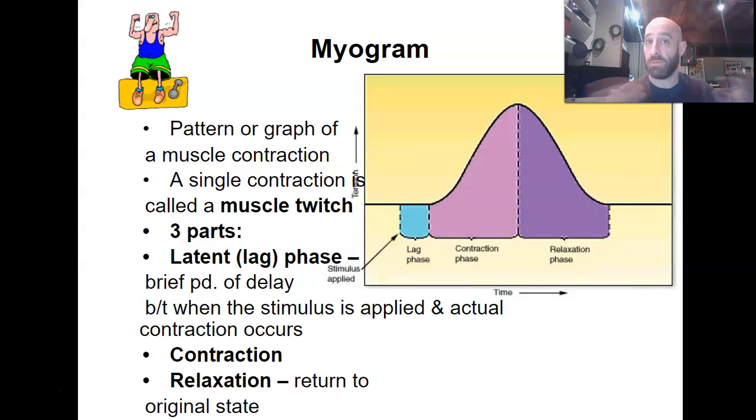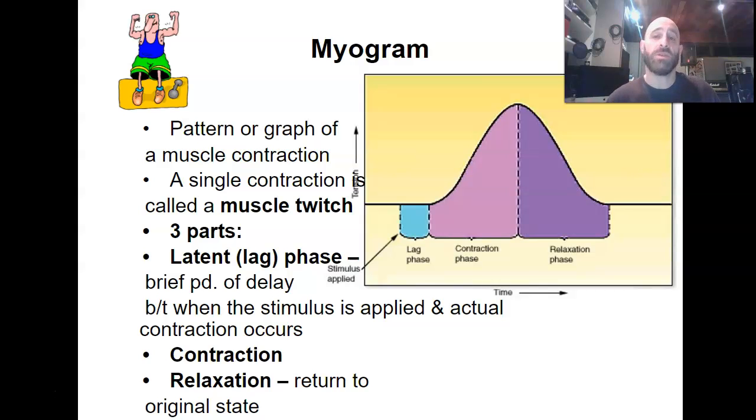It causes the sodium channels to open, sodium floods in, and then that impulse travels down the sarcolemma, down the T-tubules. It releases calcium from the sarcoplasmic reticulum, and then that calcium makes its way over to the troponin, moves the tropomyosin out of the way, and then finally those myosin heads attach to the actin and pull it inwards. Well, all those things I just said take time. Now, they take milliseconds, but they take time.